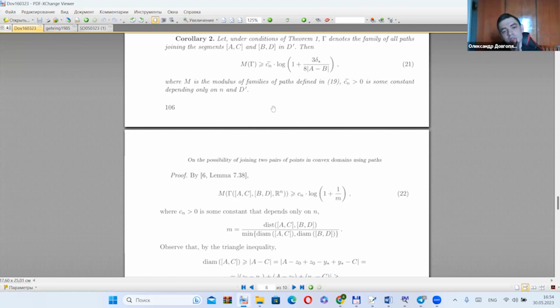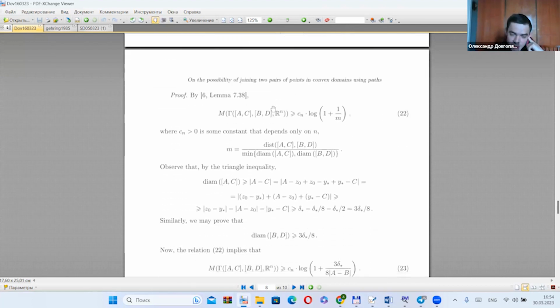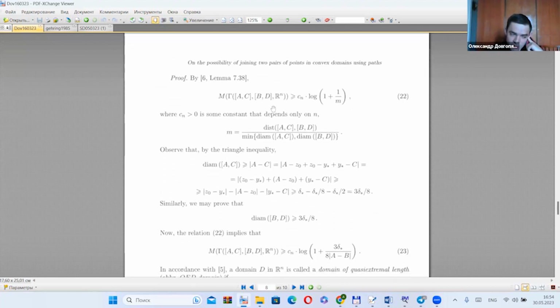To prove that, we will need to use some material from the books which are included in the references of this article. For example, we will need such a formula, where m is defined as follows.